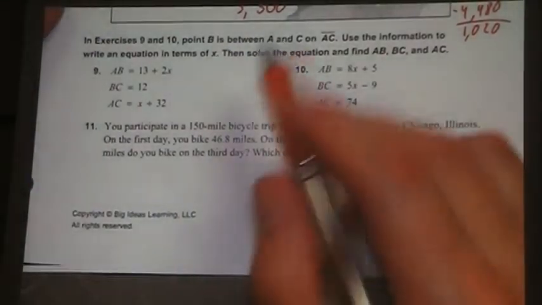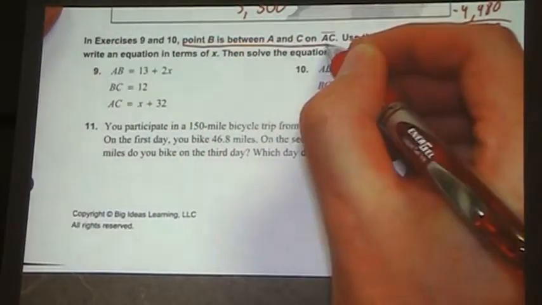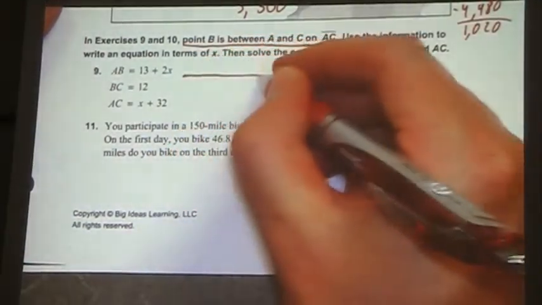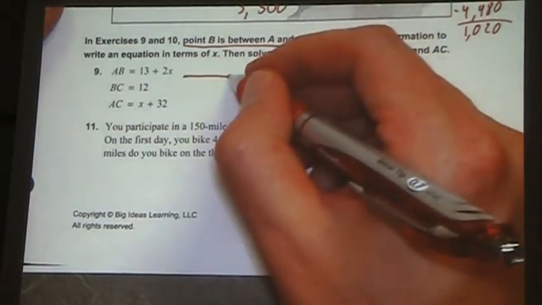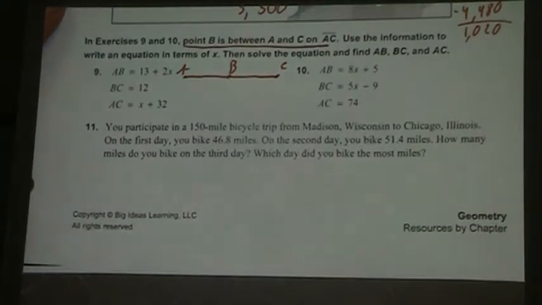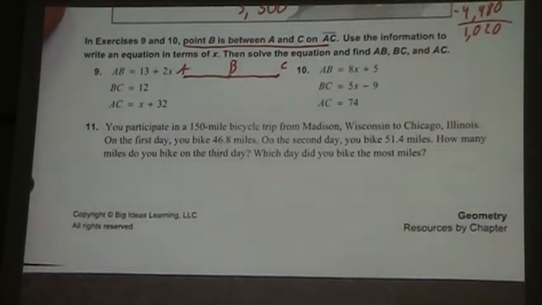So we got point B, and this tells you how to set up your diagram. Point B is between A and C on line C. So you have a situation like this. Use the information to write an equation in terms of x, and then solve, and then plug it in to find AB, BC, and AC.